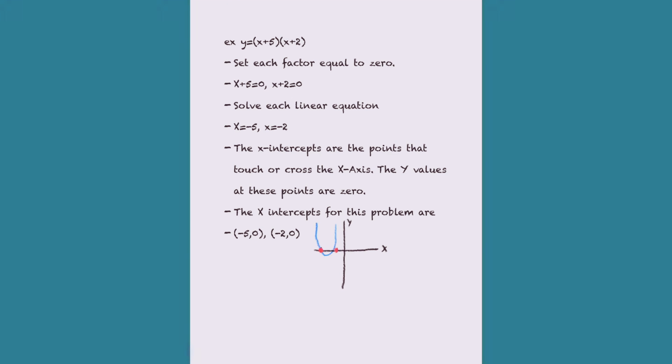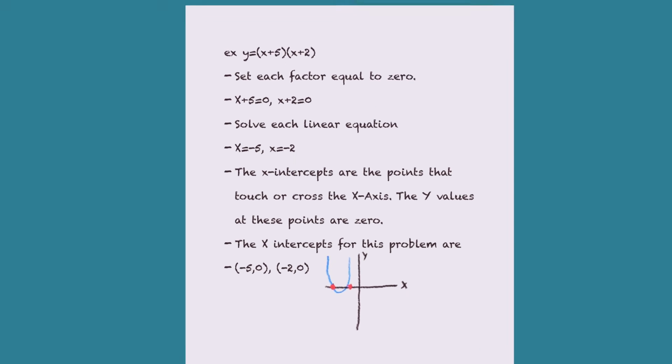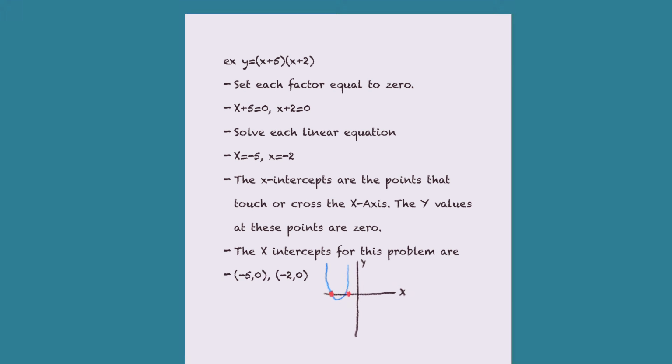Okay, so here's an example. We have y equals x plus 5, x plus 2. So set each factor equal to 0. We set both of them, x plus 5 equals 0, x plus 2 equals 0. Then we solve each linear equation, or we could call it a line equation.